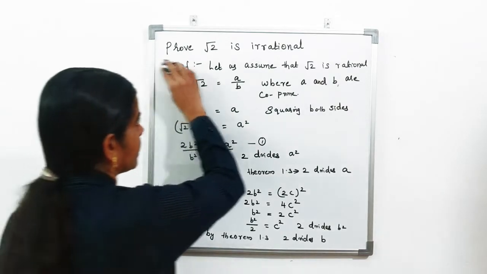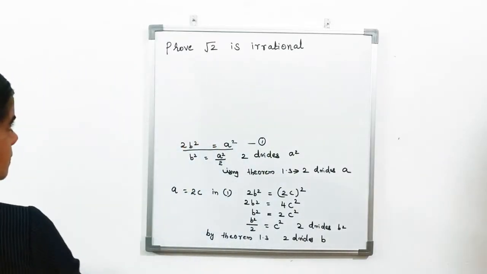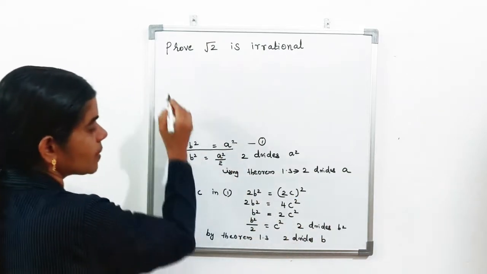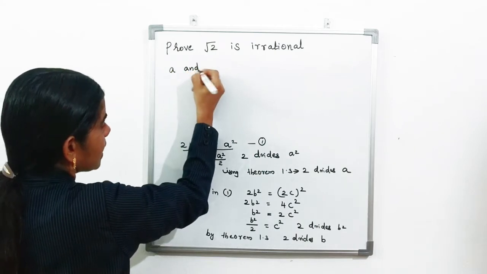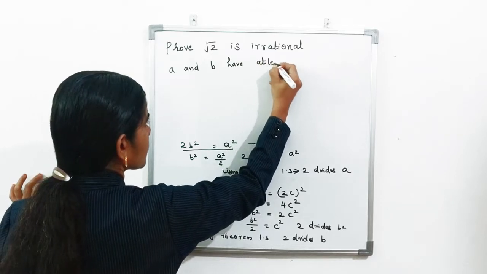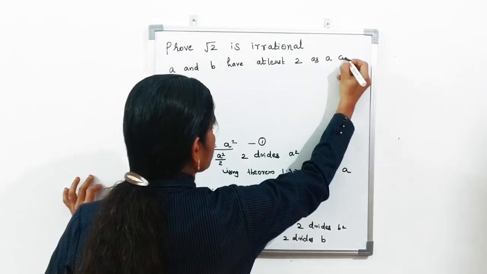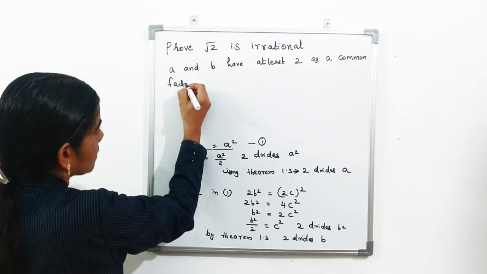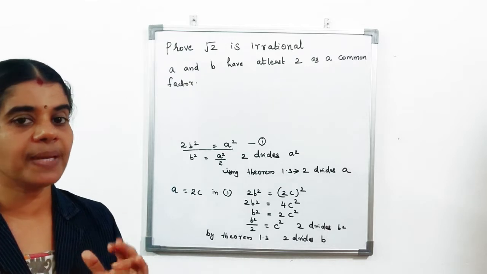Then next we are writing, from these two we are concluding that A and B have at least 2 as a common factor. That means first we have taken that A and B are co-prime.